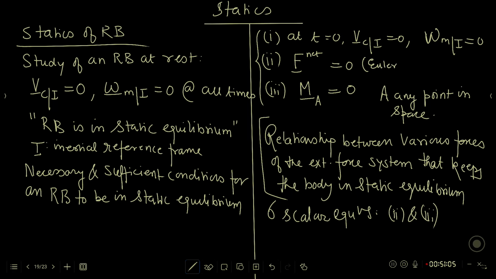So 2 and 3 is nothing new. They are just modified versions of these axioms, and these axioms have 6 scalar equations. So you are entitled to get those 6 scalar equations if you take upon yourself the task of doing an analysis of an RB in static equilibrium.